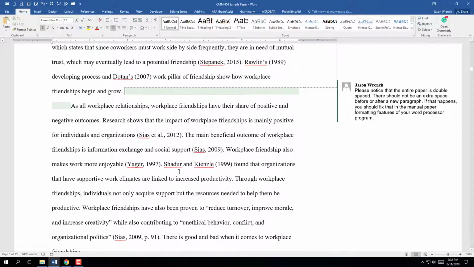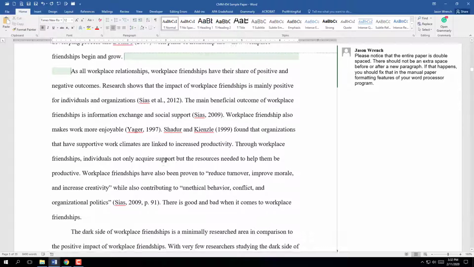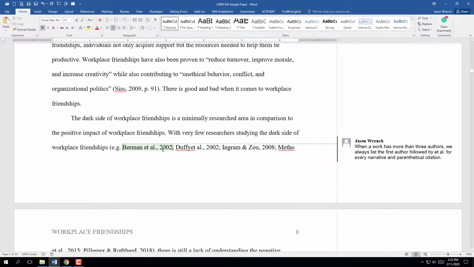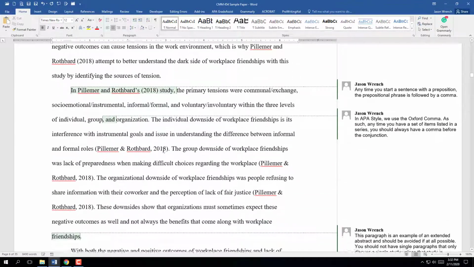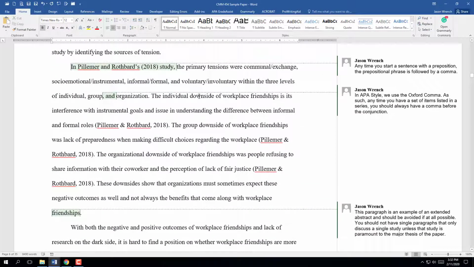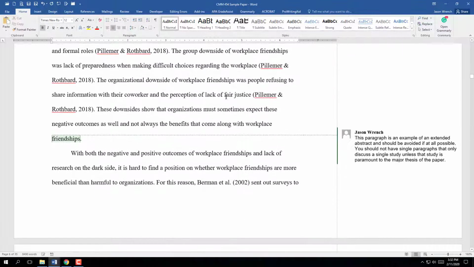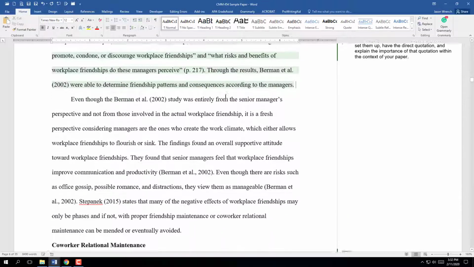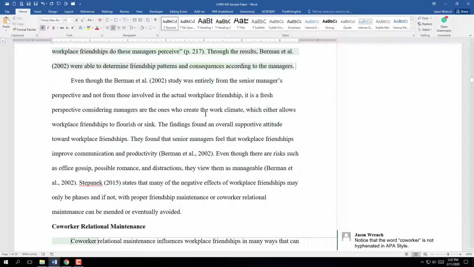So you'll see that we have some themes already. We started off with what workplace friendships are, why they're important, and now we've gotten into how they can be positive and negative. So we've already created some themes within this section. Then it talks a little bit about what we call the primary tensions in friendships, which is a different thing. And if you keep going through, you're going to see a number of different themes throughout the entire thing.